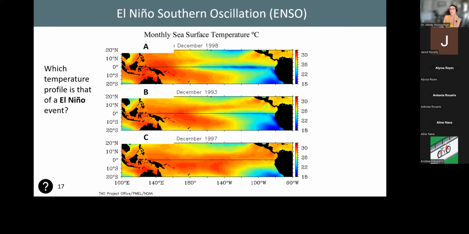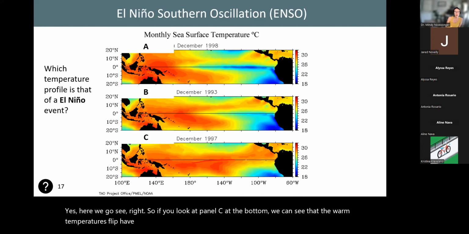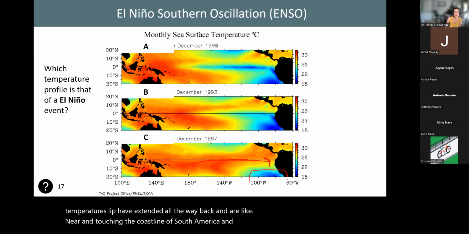Alrighty, so yes, here we go, C, right? So if you look at panel C at the bottom, we can see that the warm temperatures have extended all the way back and are near and touching the coastline of South America, and the area of cold ocean temperatures is greatly reduced in size.